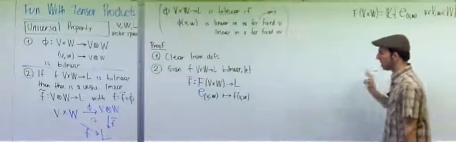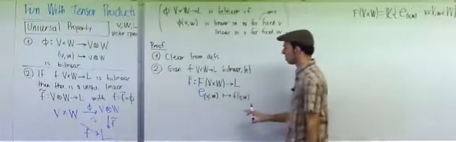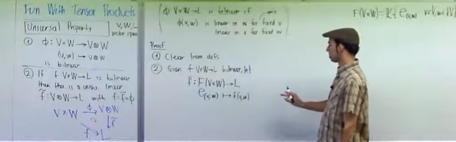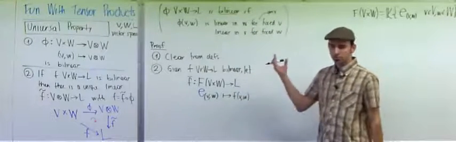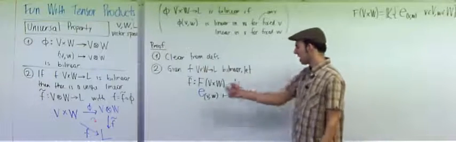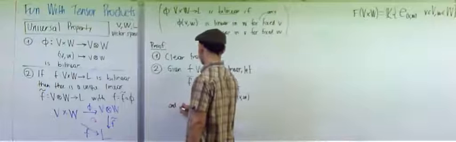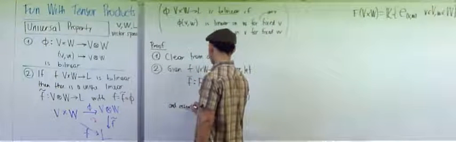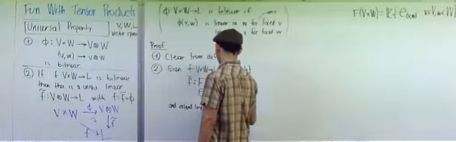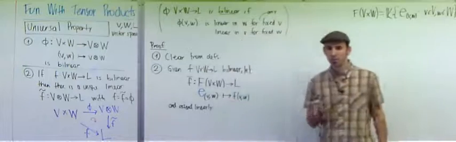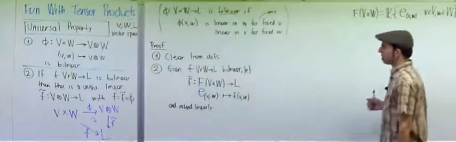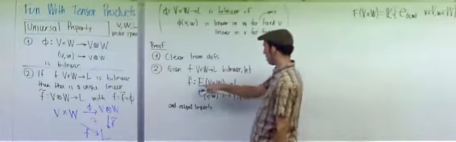And so I define this and I extend linearly to make a linear function. I define it on the basis and I extend linearly. So I have defined a function from the free vector space to L.